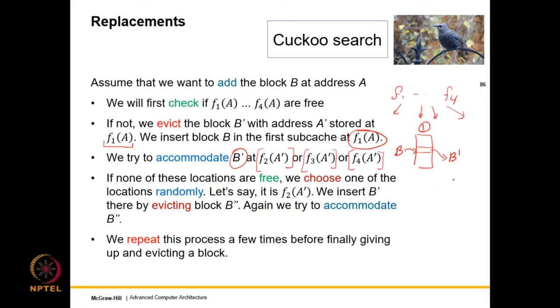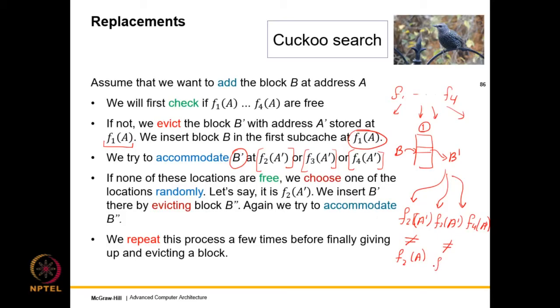Now the question is, what do we do with B dash? B dash again will map to three other locations in the three subcaches, which are F2A dash, F3A dash and F4A dash. These locations are most likely not the same as F2A, which we know to be full.